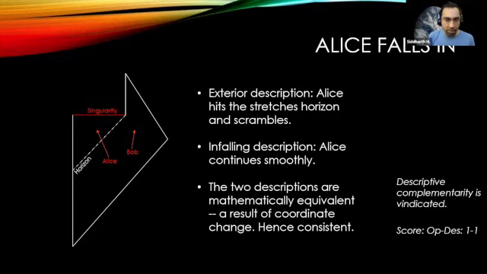A similar thing can be said in quantum mechanics, where you can take the description of Alice falling into the horizon and then just do a coordinate change and have that be described by Bob as Alice being dispersed on the stretched horizon. So it seems to be the case that these two descriptions can be simultaneously true representations of the way the world is.